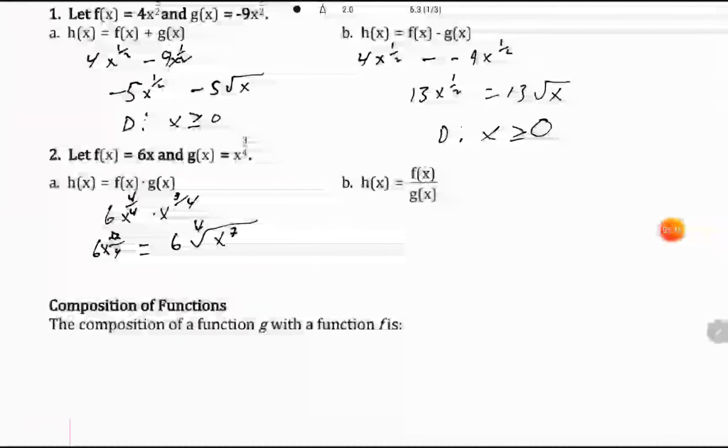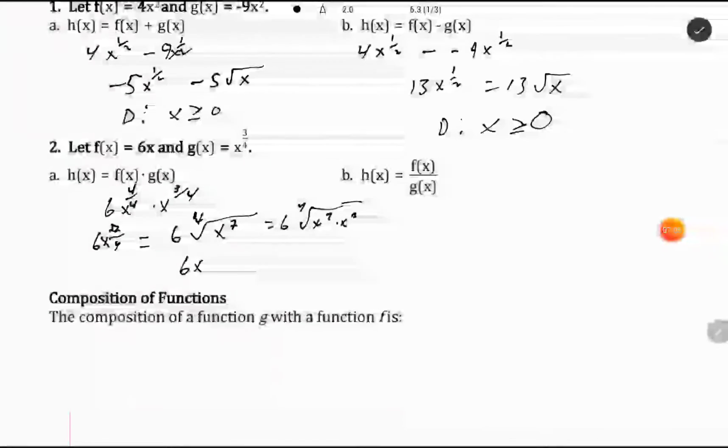We can reduce that because there's 4 x's in here, so we can pull some out. Remember, this is the same thing as 6 times the 4th root of x to the 4th times x cubed. So what's left inside is the 4th root of x cubed. And the domain, once again, x is greater than or equal to 0. Could the domain be something different? Yeah, it could.